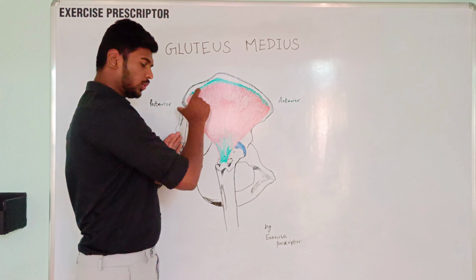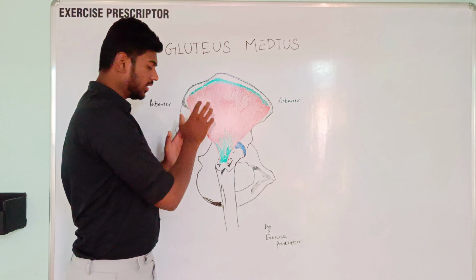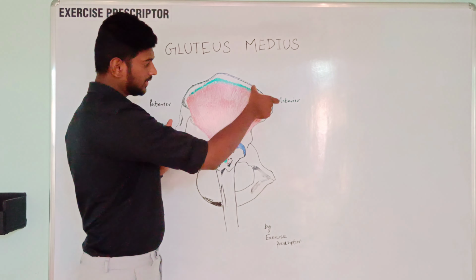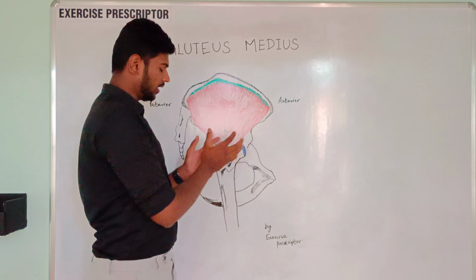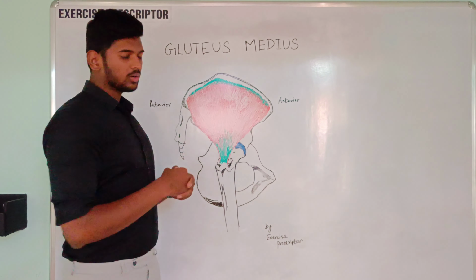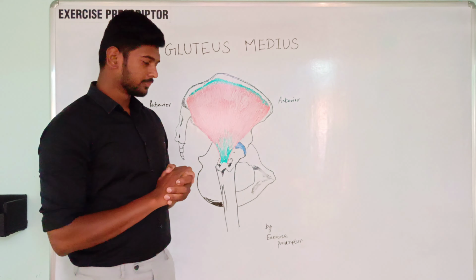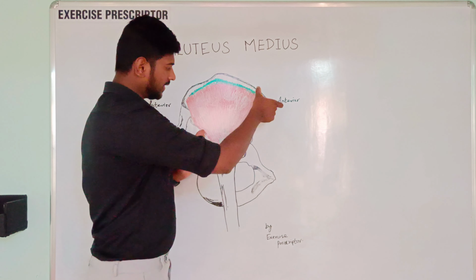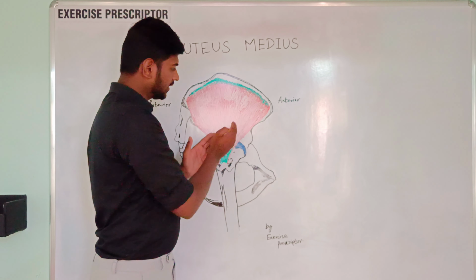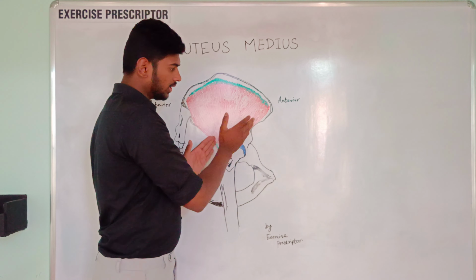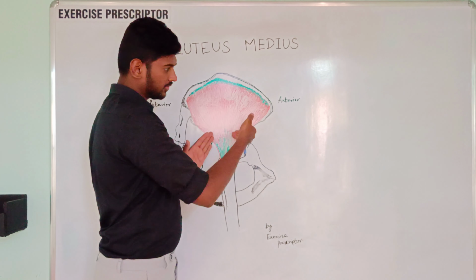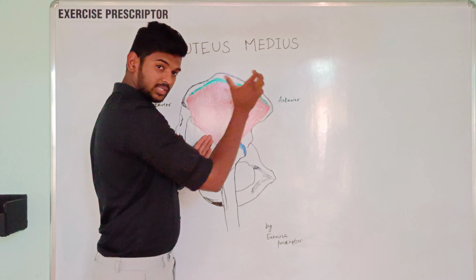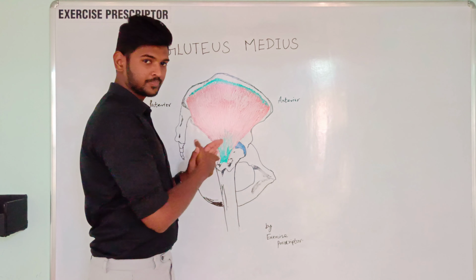Next, relationship to the other structures. Posterior fibers of the gluteus medius are deep to the gluteus maximus, and anterior fibers of the gluteus medius are deep to the tensor fascia lata, and middle fibers of the gluteus medius are superficial. Second point, anterior fibers lie next and deep to the tensor fascia lata, and they run in essentially the same direction.